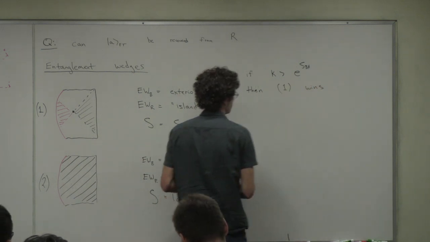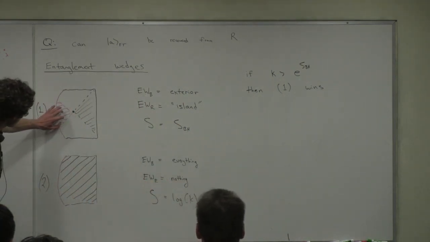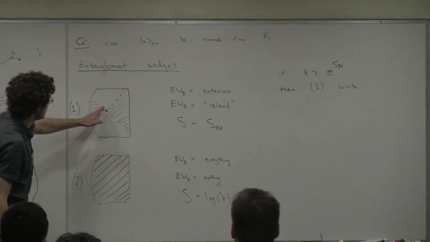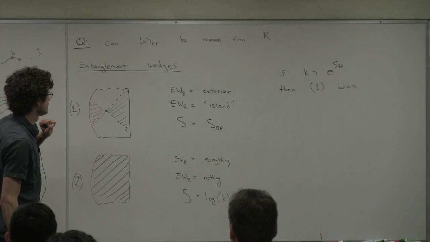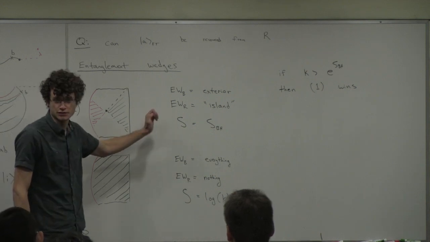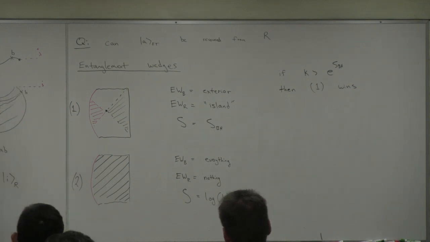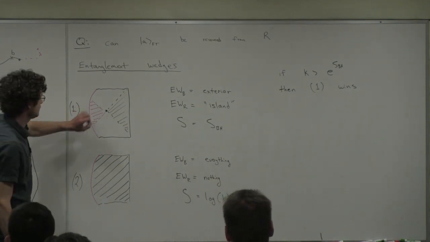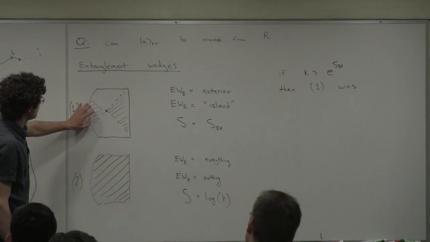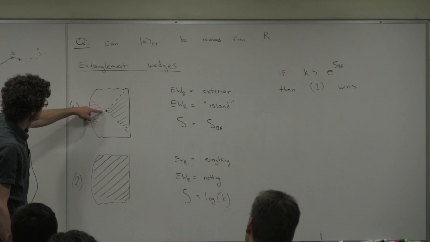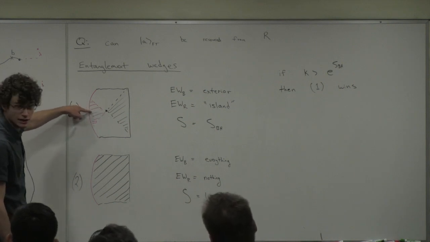And if surface 1 wins, then degrees of freedom in the field theory behind the horizon of the black hole will be encoded in the system R, according to entanglement wedge reconstruction. So the entanglement wedge of R, of this system here, is the red region, this island. And that implies, according to entanglement wedge reconstruction, that the region R should be able to recover field theory information, bulk information, in this island region.